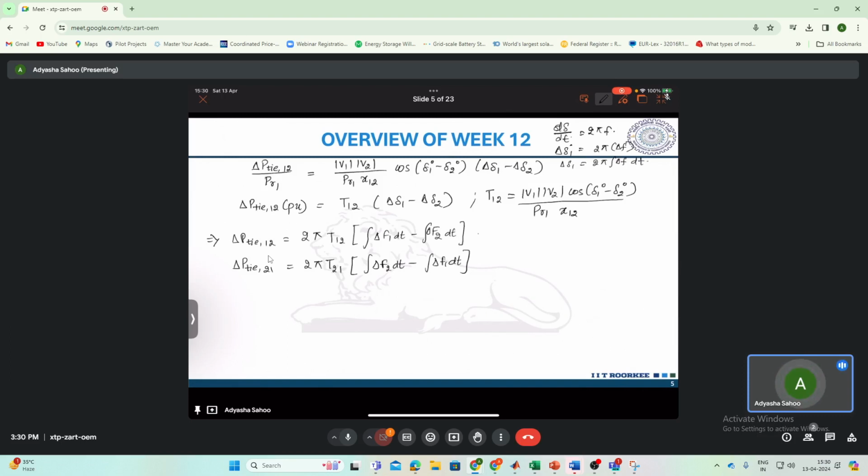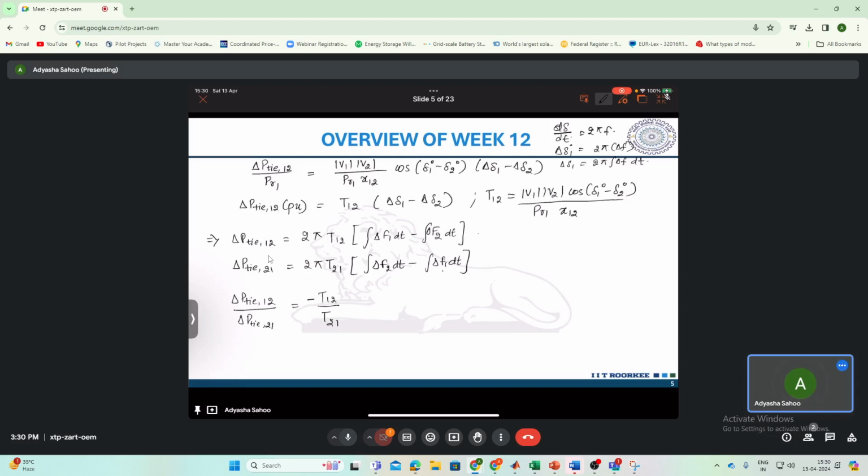Now if we divide these two equations, beta 12 by beta 21, that will give us t12 by t21, but a negative sign will come because here it is delta f1 minus f2, here f2 minus f1, so minus.